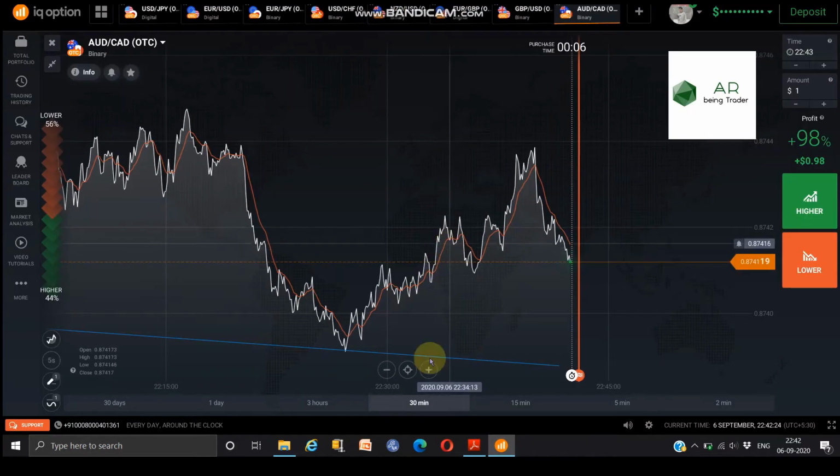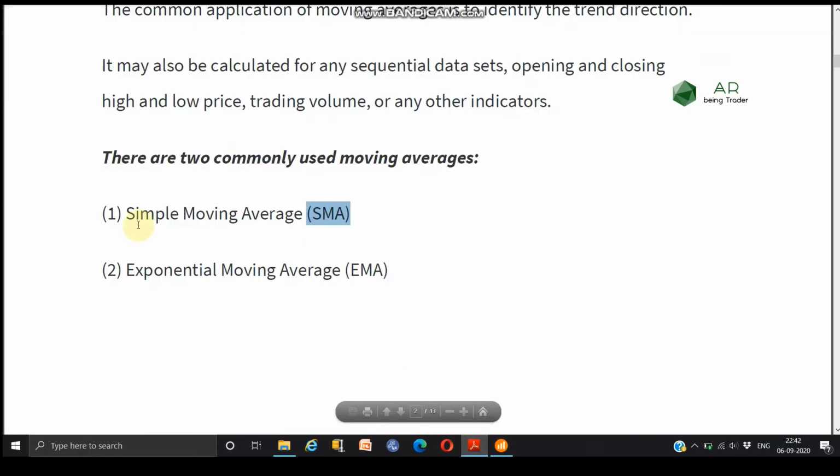Actually, there are many types, but here only two are given. Why? Because these two moving averages are very important, the most used and effective, and they give good results. You can see here SMA, simple moving average, and exponential moving average.